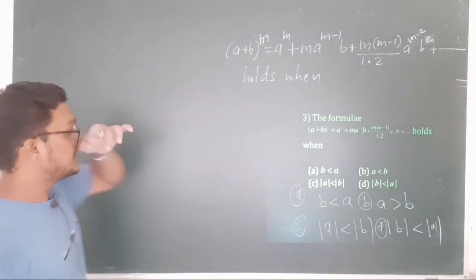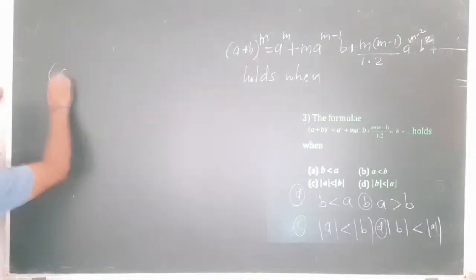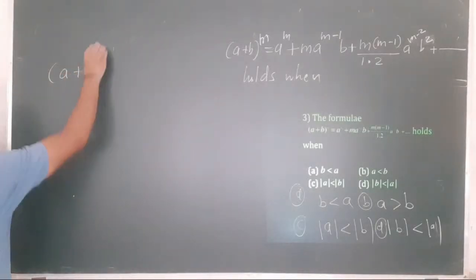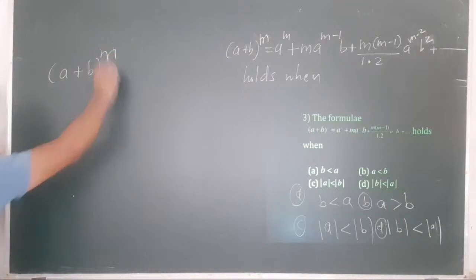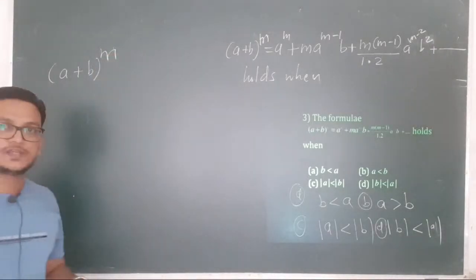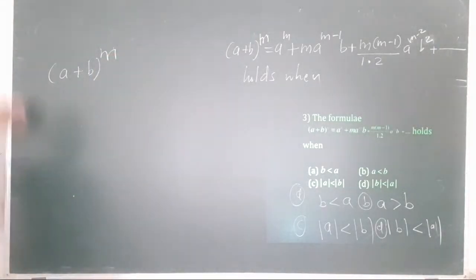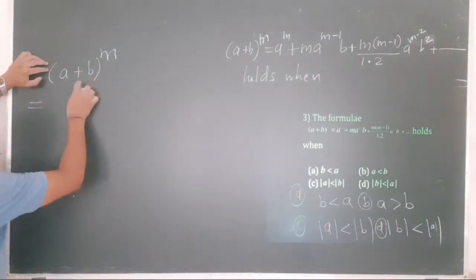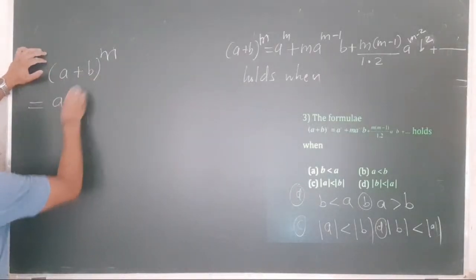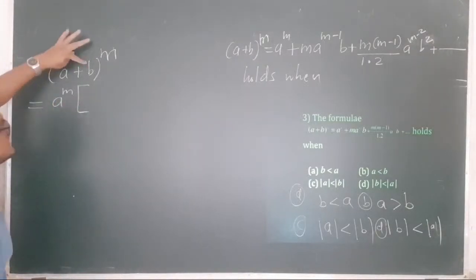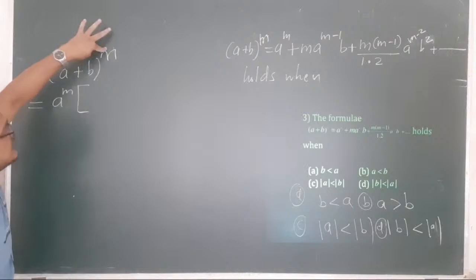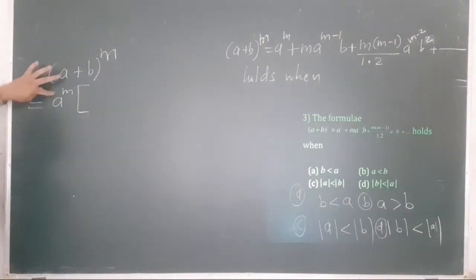Now see what we have, the expression (a + b) to the power m. This expression can be written as, I'll take out a to the power m as common. In this actually a is common, but it takes the power and it will come outside. So a to the power m is common.